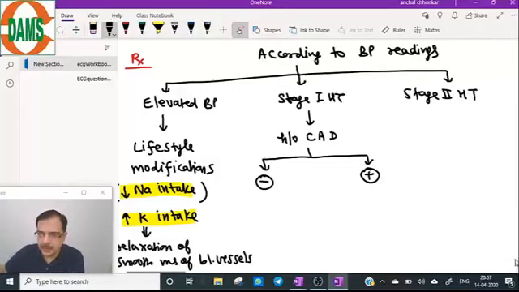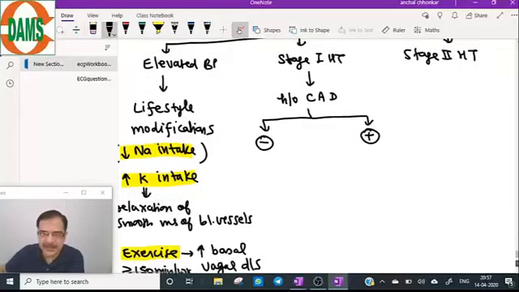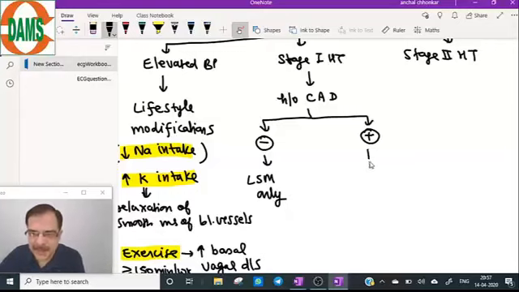Now come to the history of CAD, stage 1 hypertension. If the history of CAD is absent, lifestyle modifications only. If history of CAD is present, then along with the lifestyle modifications, we give drug.